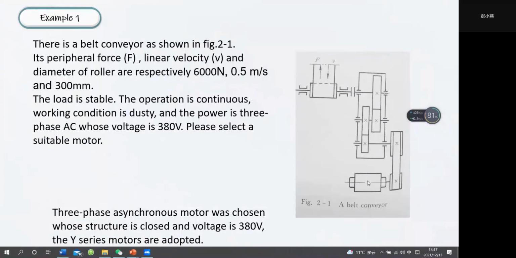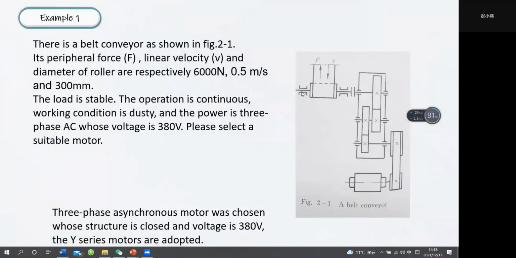So from the motor to the working part, there are belt, gears, bearings and coupling.